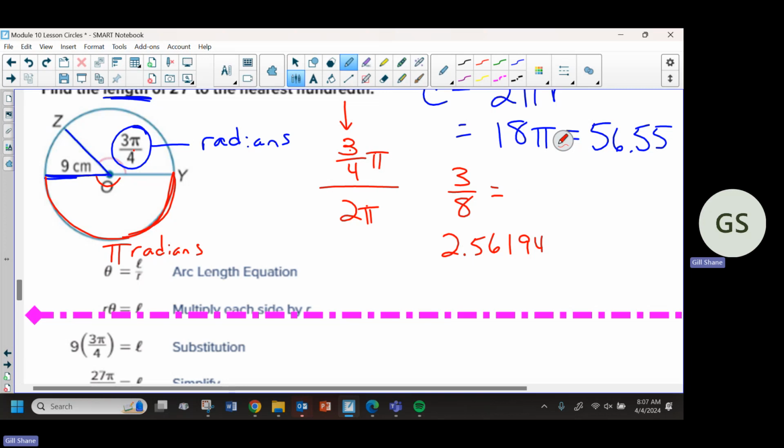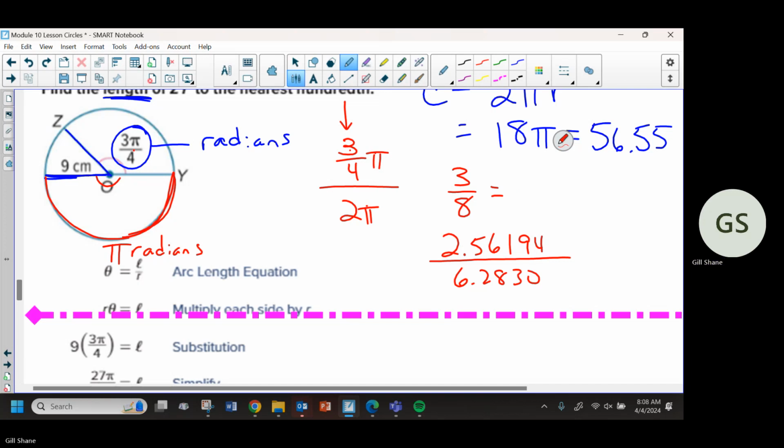So now that's going to be divided by, now say 2 times 5. Let's do a quick, fast one. 6.2830, I think. Yeah. So now say 2.56194 divided by 6.2830. 3/4 times 5.